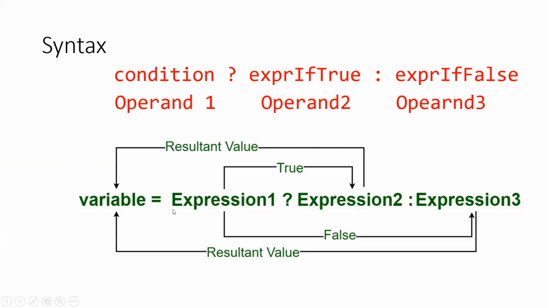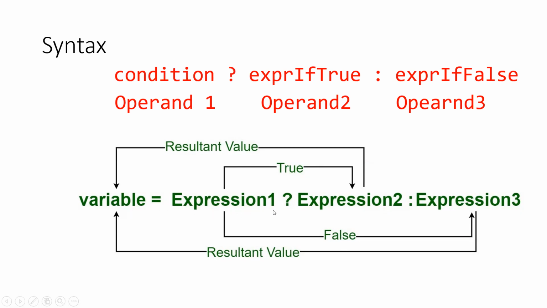That means if the expression 1, the first operand, is returning a value true, if the condition written here is true, then this particular expression 2 will get executed and return the value, and that value we can store in the variable here.